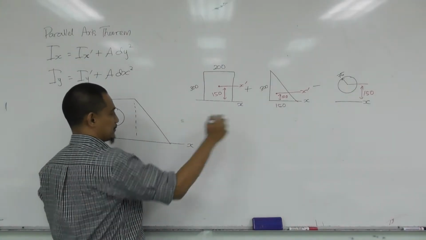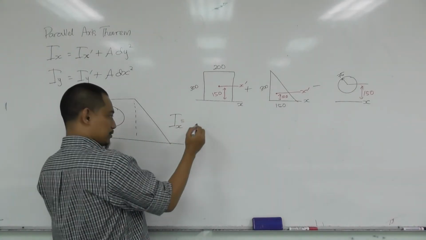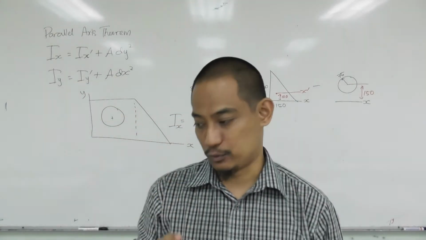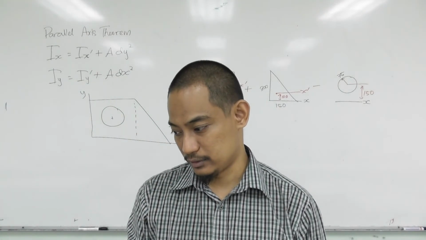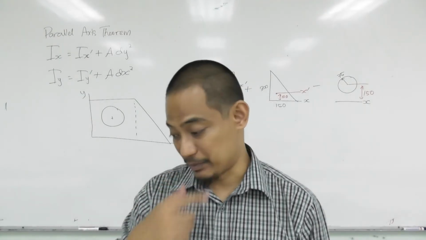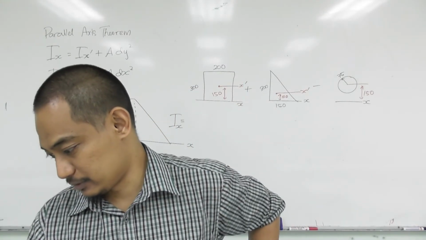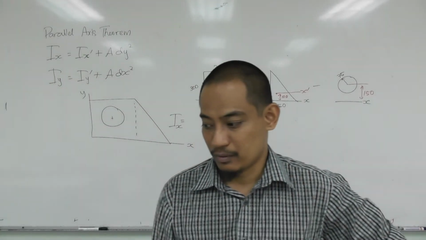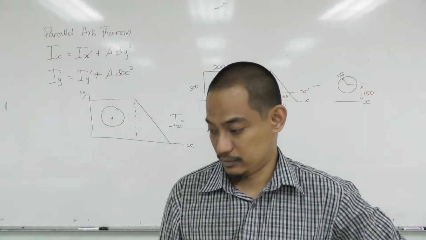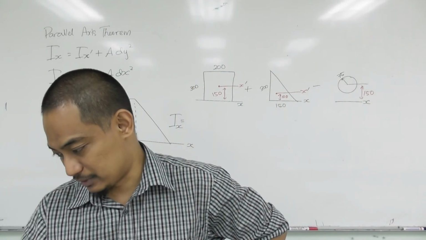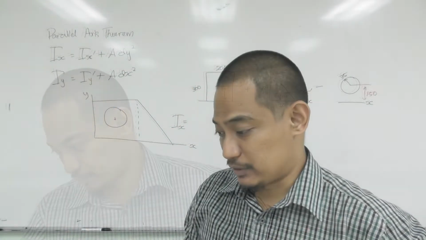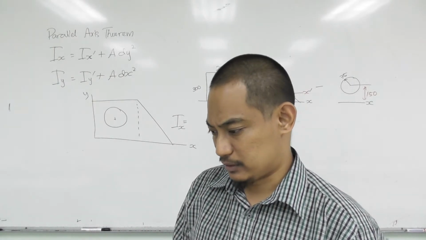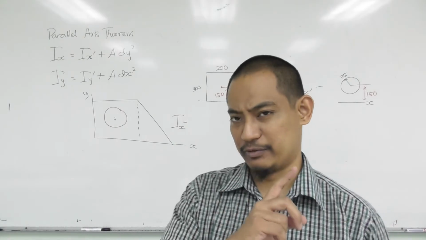So okay, I write Ix equals, now we have to refer to the table for this one, right? Because we only memorize 1/12 b h cubed, right? So where is the table right now? Alright, I just found the table, because I didn't bring my textbook here, but I just saw this in a previous exam question.